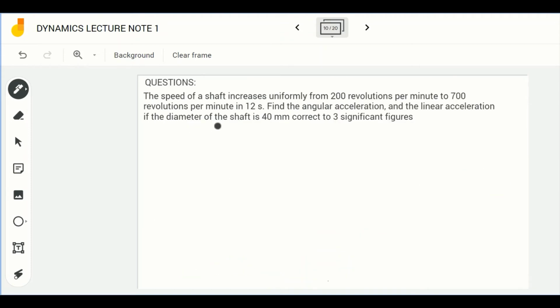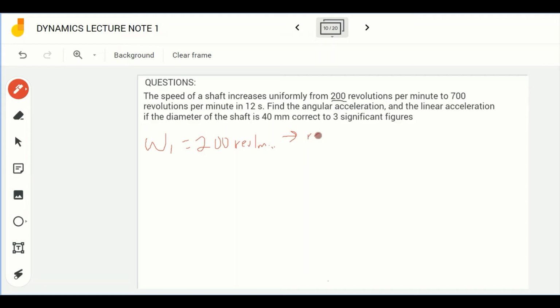Okay, so the speed of a shaft increases uniformly from 200 to 700. This first one is my initial angular speed, omega 1, which is 200 rev per minute. Remember, we must convert to rads per second.